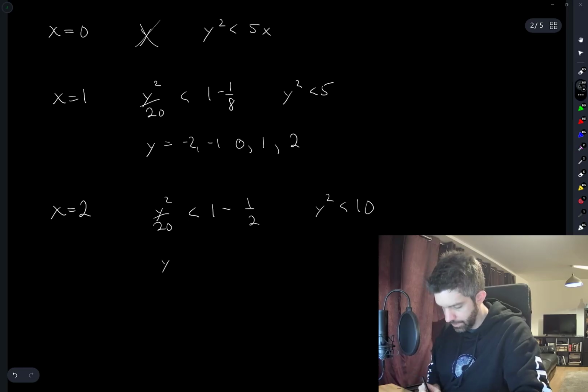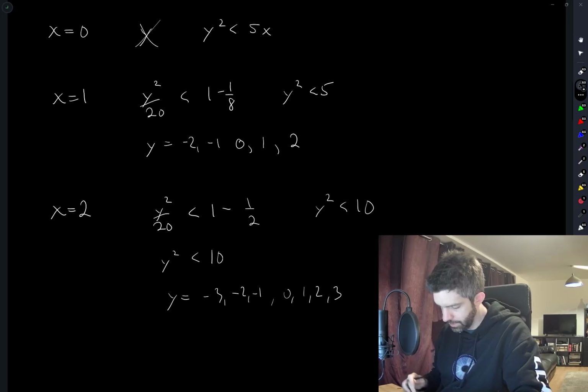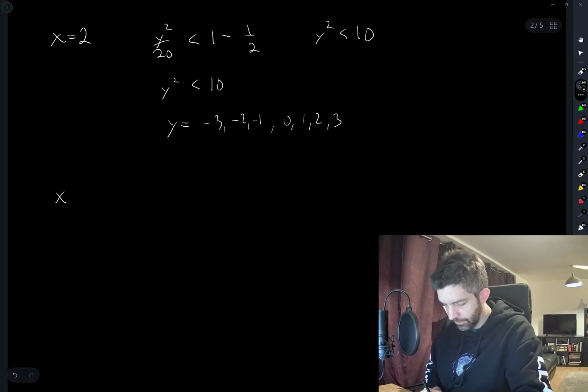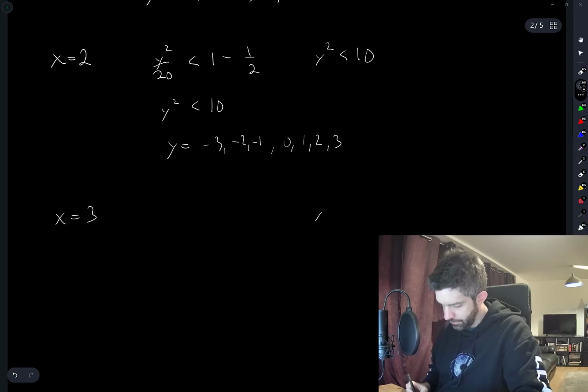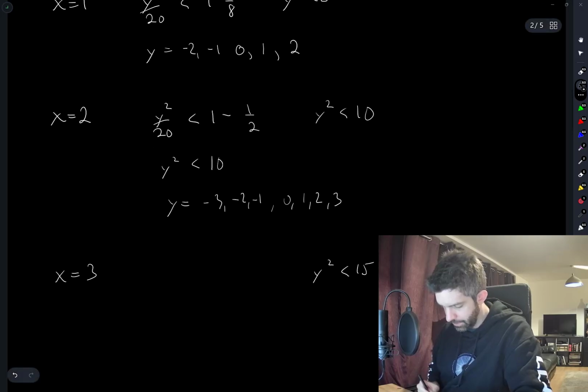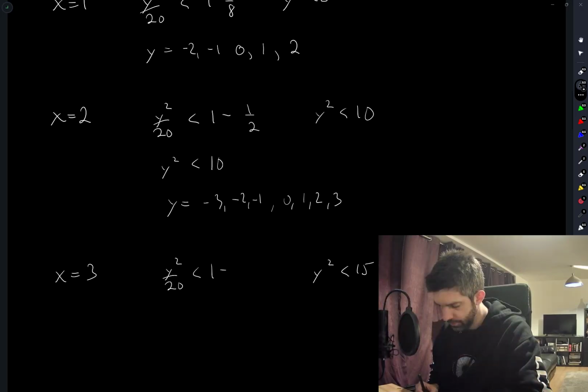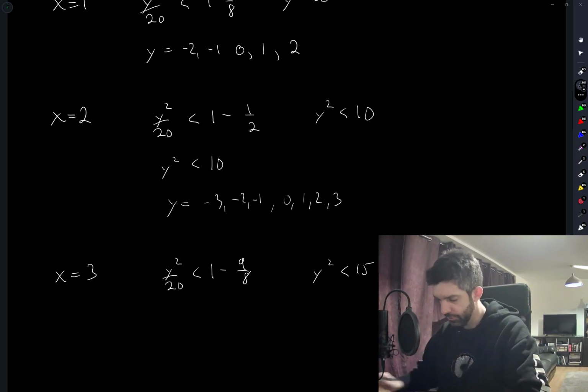So y is going to be equal to negative 3, negative 2, negative 1, 0, 1, 2, 3. If x is equal to 3, we have y squared less than 15, but then we also have y squared over 20 less than 1 minus 9 over 8. So that's not possible.